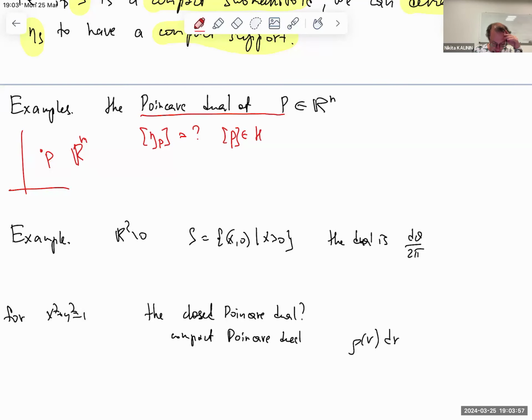On the previous slide, we started with a submanifold S, and we chose the Poincare dual in the usual homology.